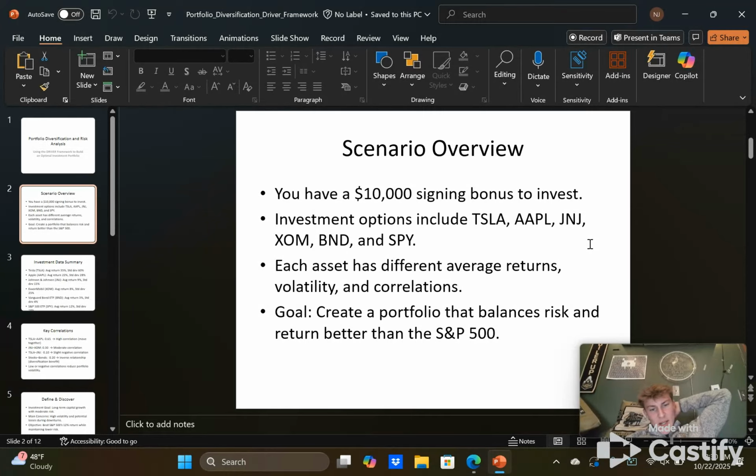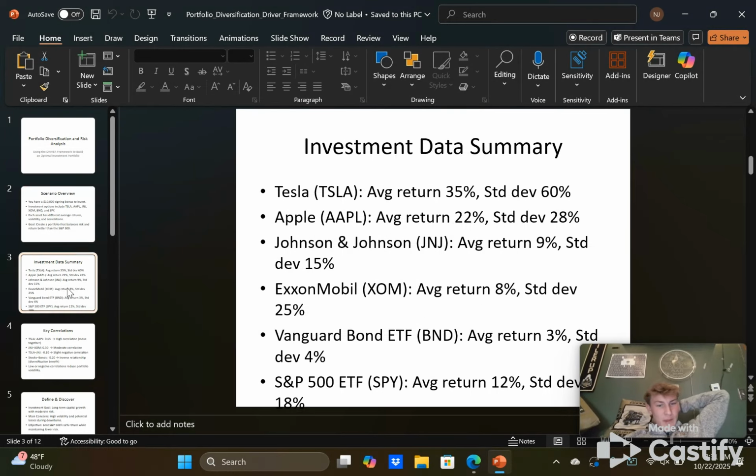Each asset has different average returns, volatility, and correlations, and our goal is to create a portfolio that balances risk and return better than the S&P 500 at the end of the day.